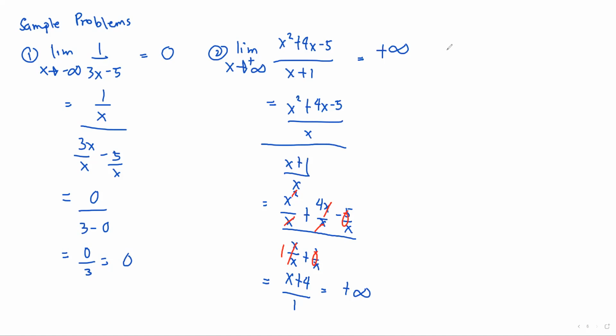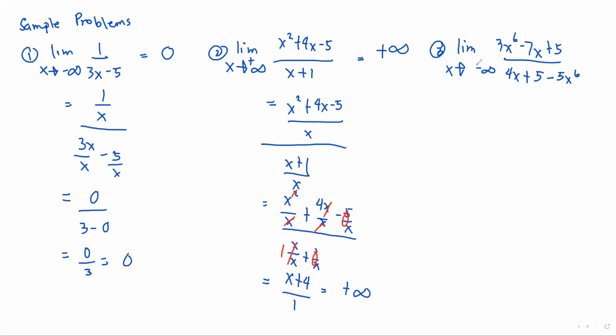Next tayo. Number 3. Find the limit of 3x raised to 6 minus 7x plus 5 all over 4x plus 5 minus 5x raised to 6 as x approaches to negative infinity.